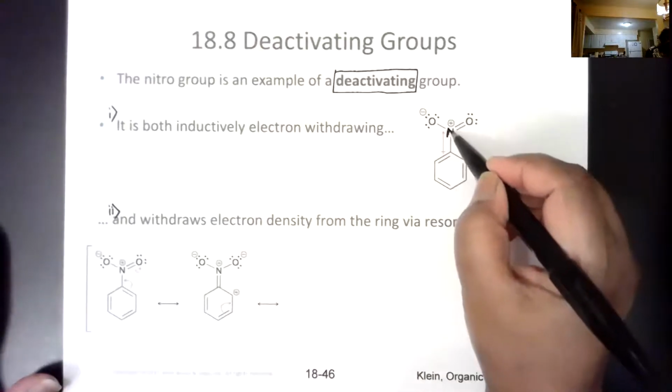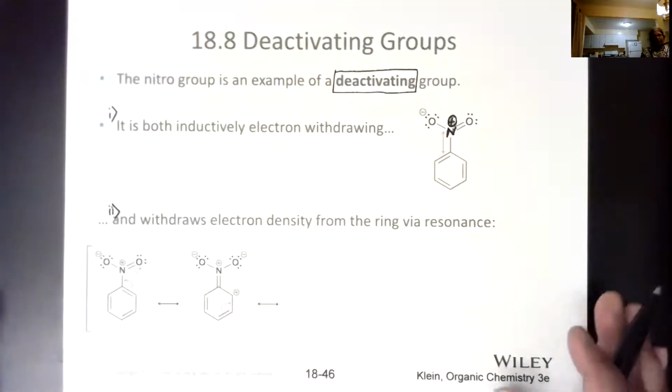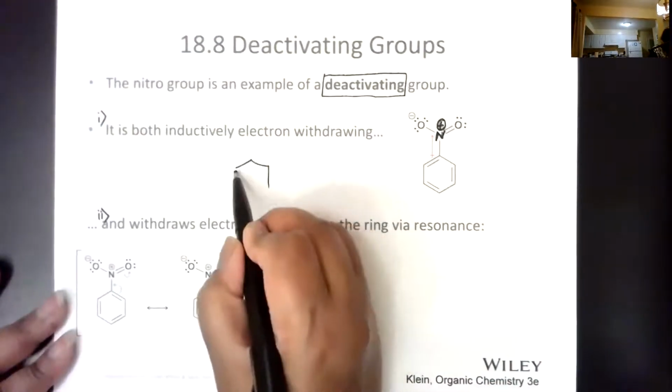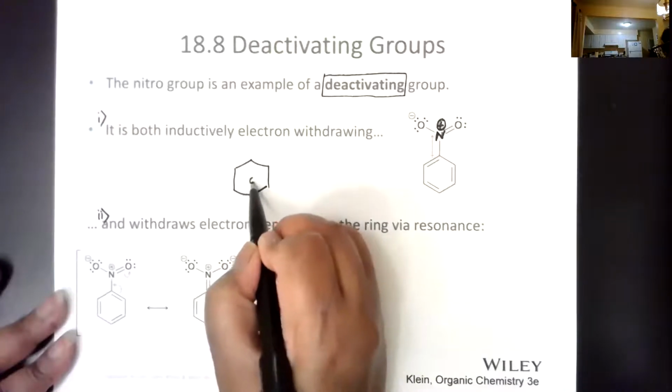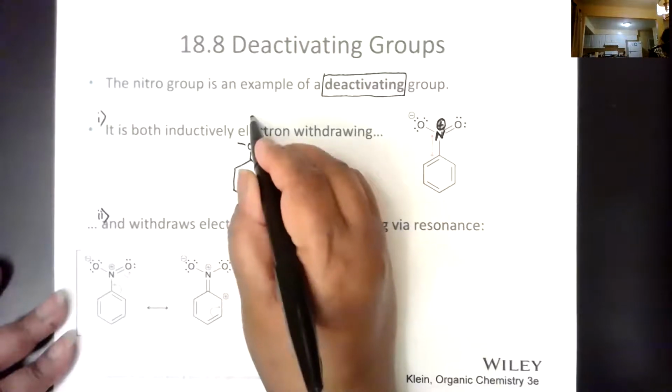You look at the group, the atom that's attached directly to the ring, that has a positive charge. Now you look at CH3, which is a weakly activating group.